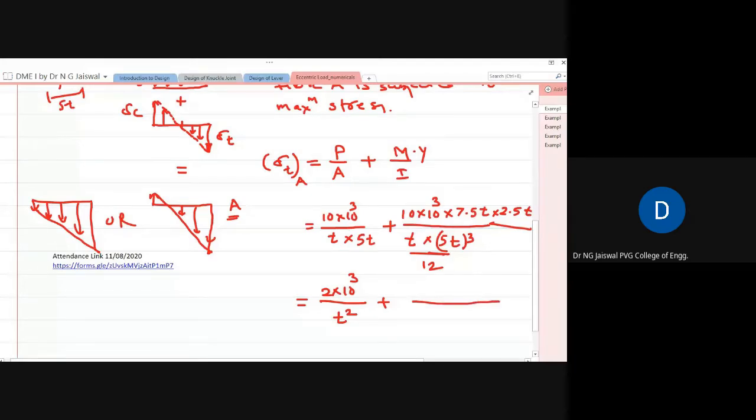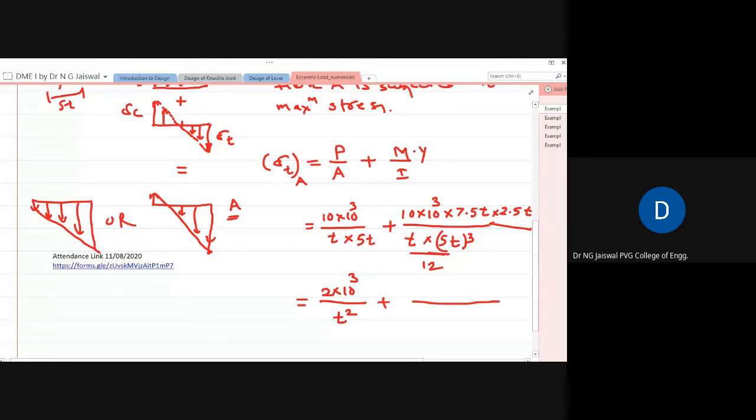Here also you do the same thing. All numbers which you see in the numerator and denominator, you separately calculate the multiplications and divisions and get one number in the numerator.